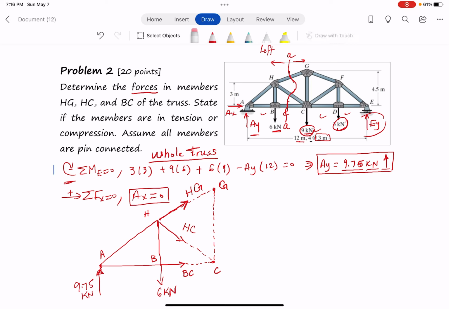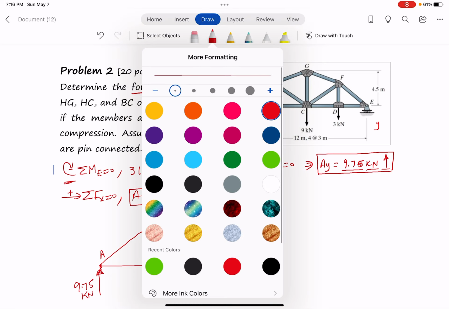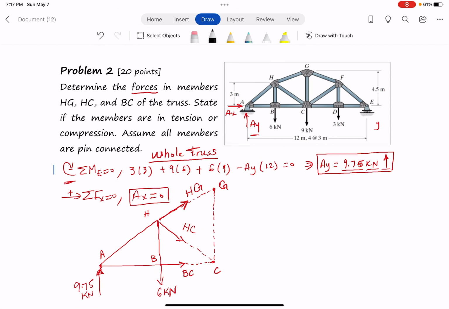Let me erase so I could look at the slopes. Okay, so let's look at the member HC. If you look, this is 3, and this is also 3.